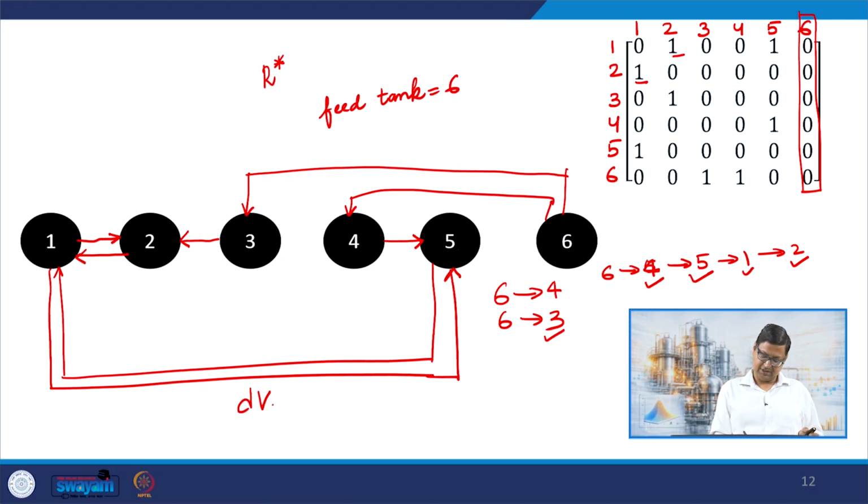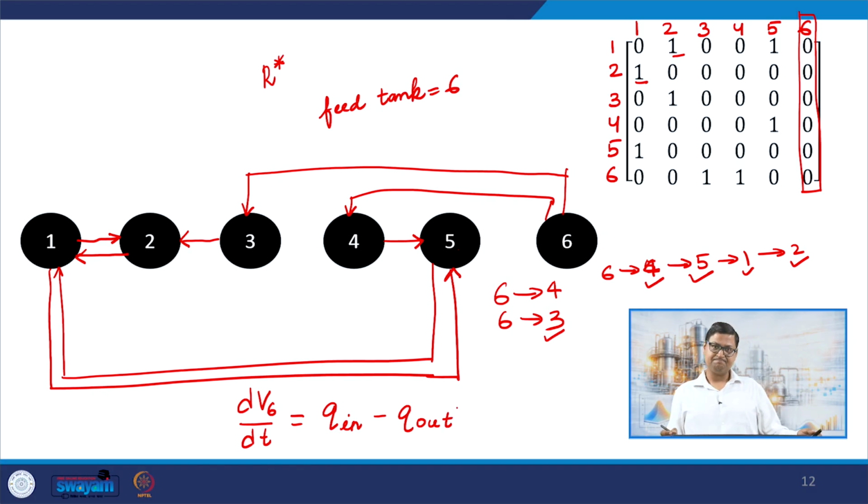So I can write dV6/dt is the flow that is coming in, which is my input, minus the flow that is going out, that is my output.